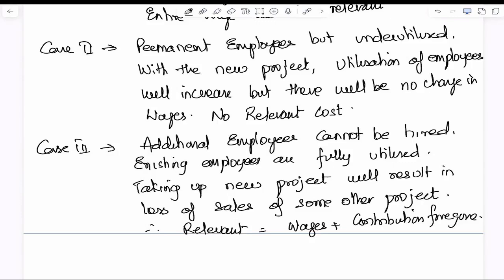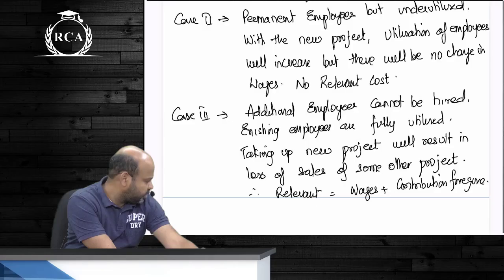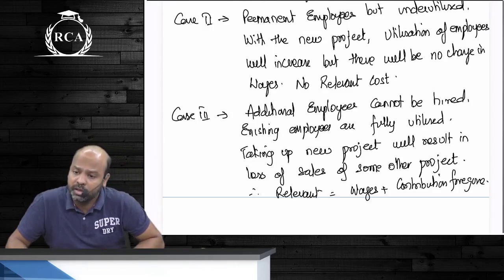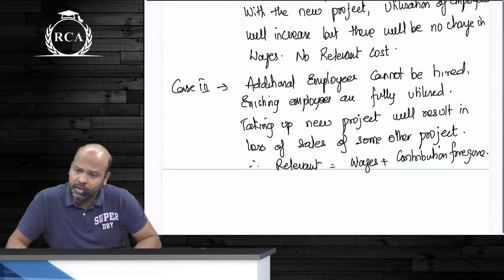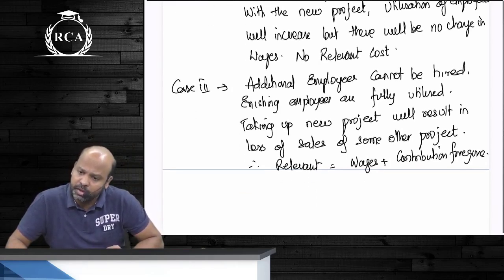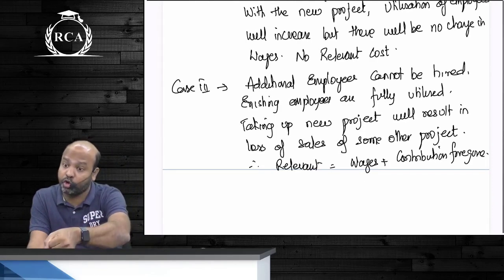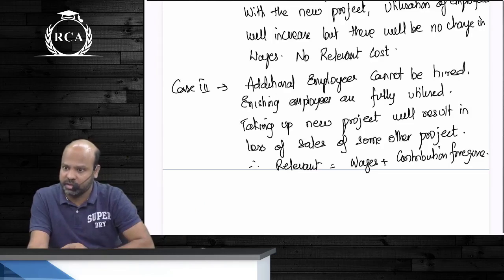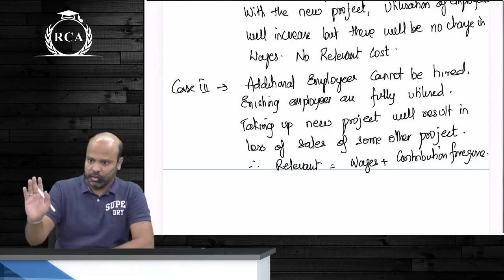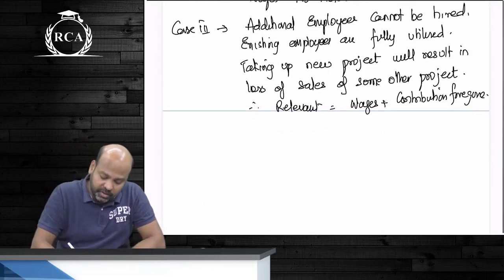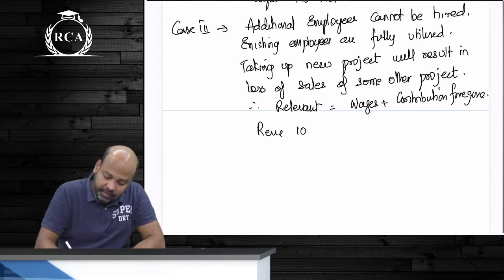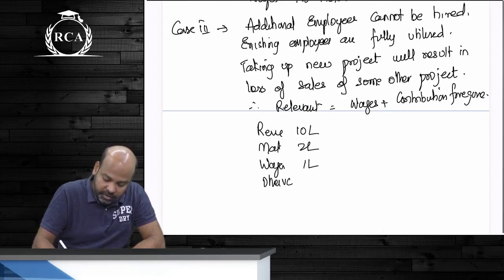Are we all done with this? Correct. So 50,000 is irrelevant. So compute the contribution that you are foregoing without considering wages. The other product is resulting in sales of 10 lakhs, material 2 lakhs, wages 1 lakh, other variable cost 3 lakhs.